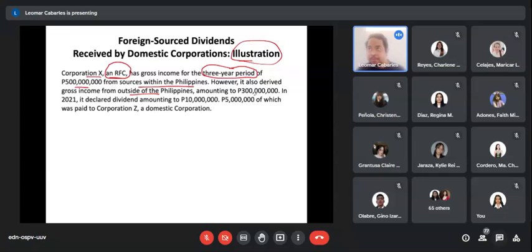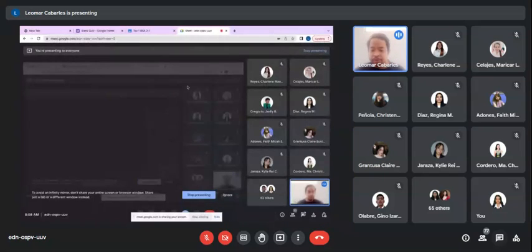So if you add up 500 million and 300 million, that is 800 million. Out of the 800 million, 500 million came from sources within the Philippines. So if you compute the portion ng source within the Philippines, that is more than 50%. That's 500 million over 800 million.